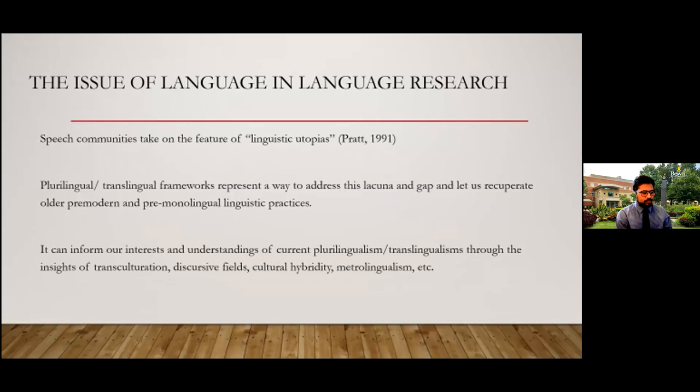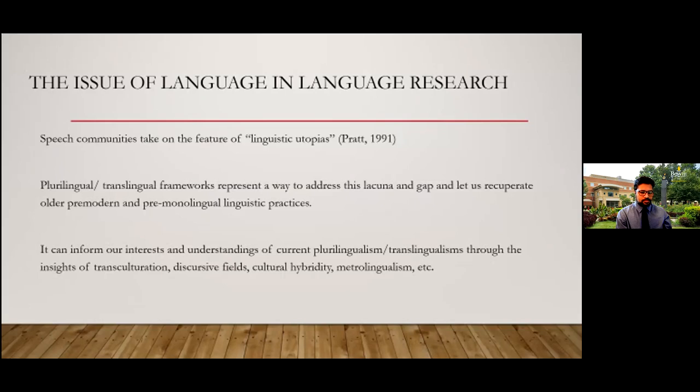Another way that she advocates for, and that sociolinguistics and rhetoric and composition and writing studies also approach, is this plurilingual and translingual framework that primarily looks at how language is represented in the way that people are using it in the world. So it is a way to address this gap, this oversight, this assumption, and it primarily aims at looking at how language is being used in the world.